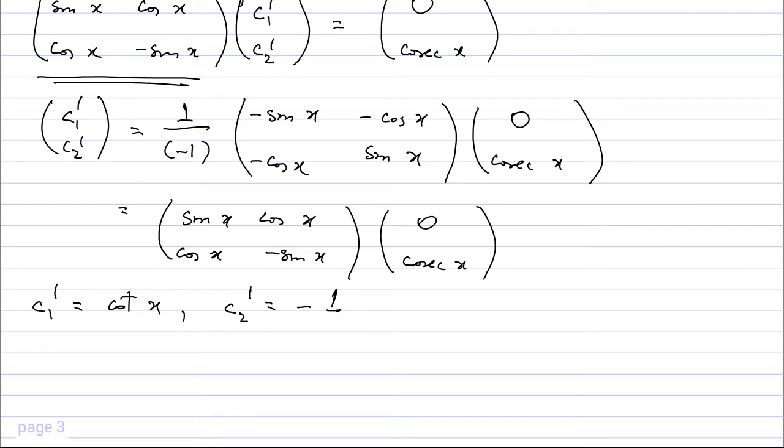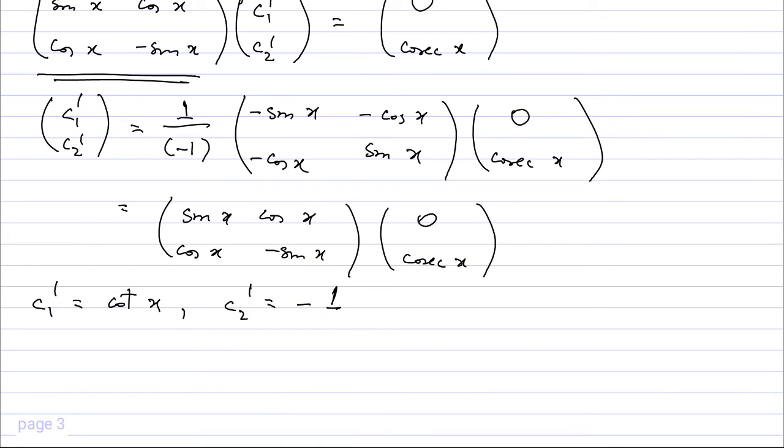So you can now integrate both of these equations to find c1 and c2. c1 of course is going to be ln of sine of x, because you have cotangent x is cosine x over sine x, the derivative of sine x is cosine x, and that's already in the numerator. And c2 is equal to minus x.